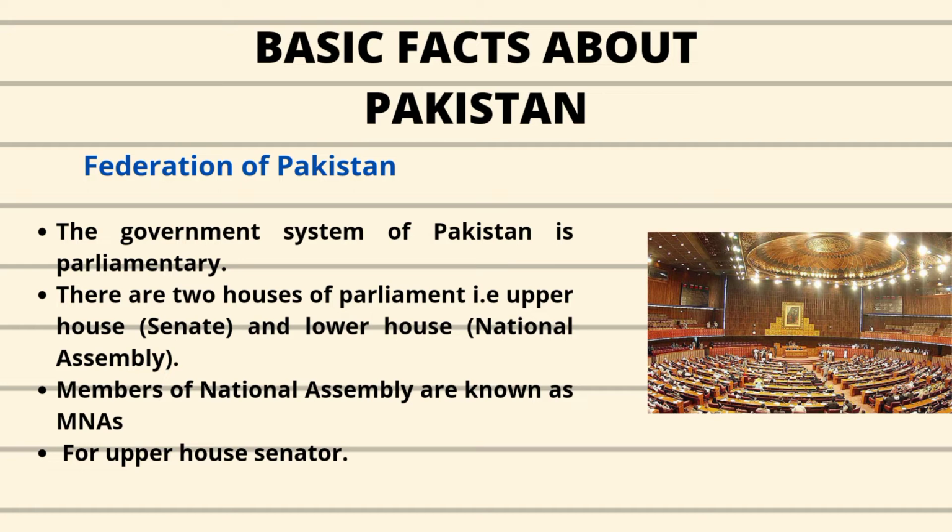The chief executive of the state is the prime minister, who is elected through nomination by the parliament. We will discuss this in detail in upcoming slides. The upper house is the Senate and the lower house is the National Assembly. Members of the National Assembly are known as MNAs, and the upper house members are senators.